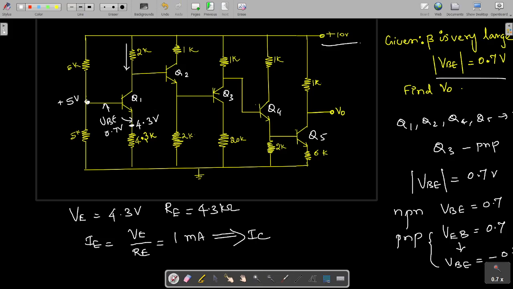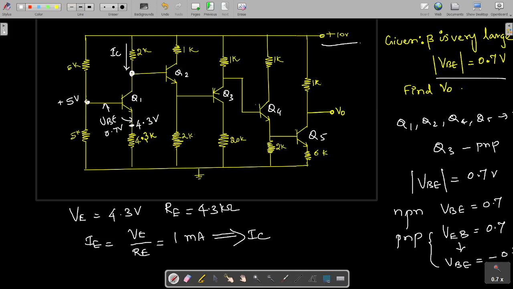This is our IC. Because of this IC current of 1 milliamp, we will have a voltage drop across the 2K resistor: 2 K into 1 milliamp will be dropped at this point.